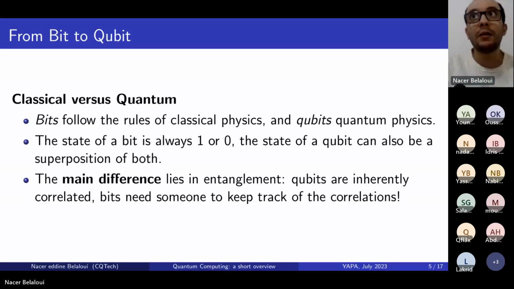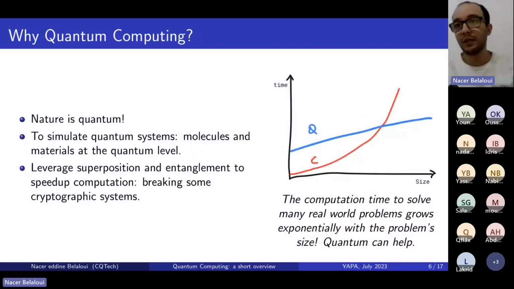Now, we briefly described the difference between a classical bit and a qubit. Really, this is the only difference: one obeys classical physics, the other quantum physics. But the question is, why do we need quantum computing? The first answer to that was already presented in the first slide: nature is quantum.